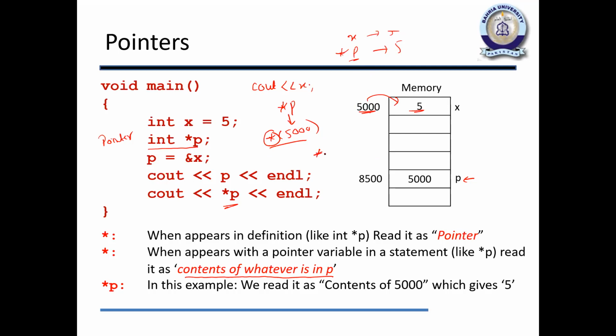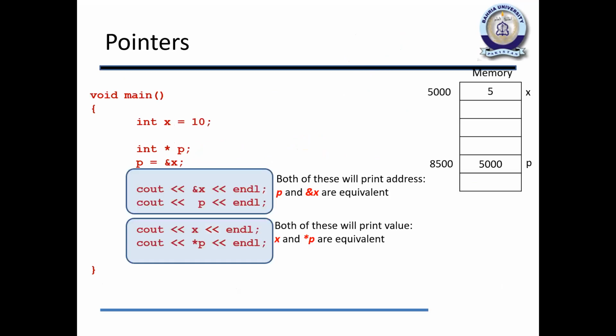And after star, you always use a pointer variable. You see, p was a pointer, so that's why we can use it. And just to give you some more insights, from this discussion, you must have guessed that both of these things are actually the same. If I write address of x or I write p, both of these are same and they will give me 5,000.